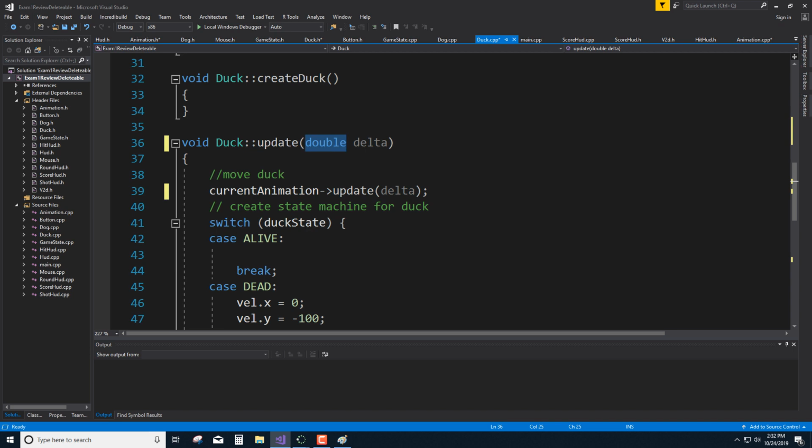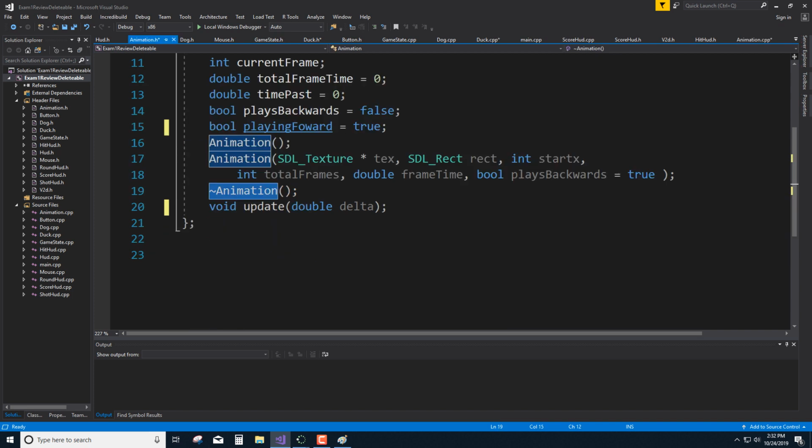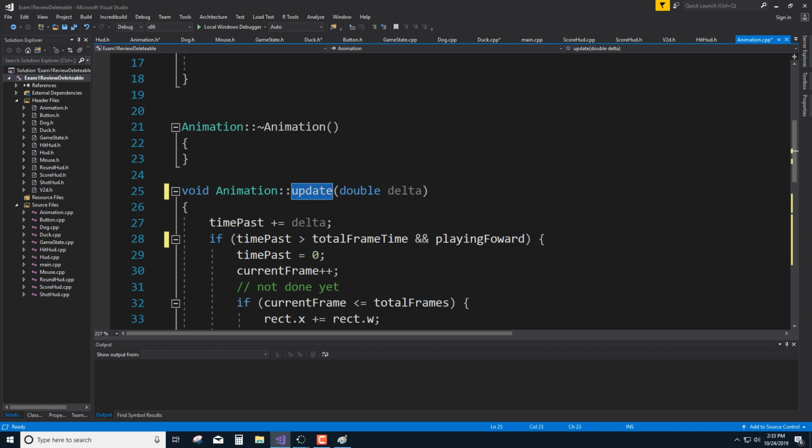We're going to pass in delta. Animation's also going to need delta, so we do the same thing there. In the animation.h, we have an update with double delta. And then in the CPP file also, passing in delta.